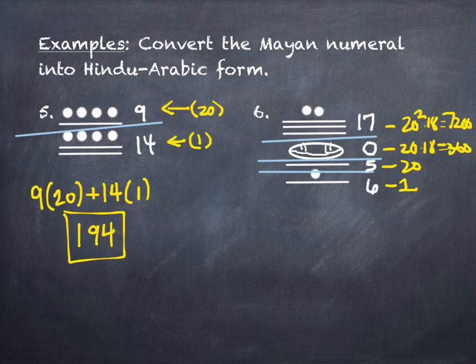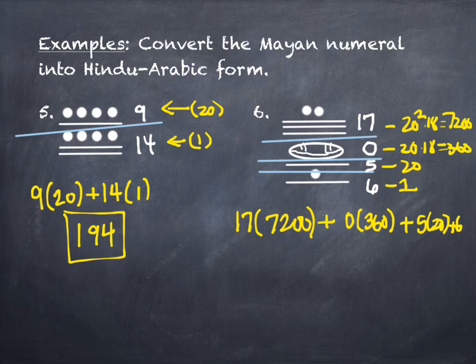We multiply. So what are we going to multiply? 17 times 17. Good. Plus 0. I'll write it in just so that we remember we did it. 0 times 360, plus 5 times 20 plus 6 times 1. Awesome. That's a 1 at the end. It looks kind of funny, but.